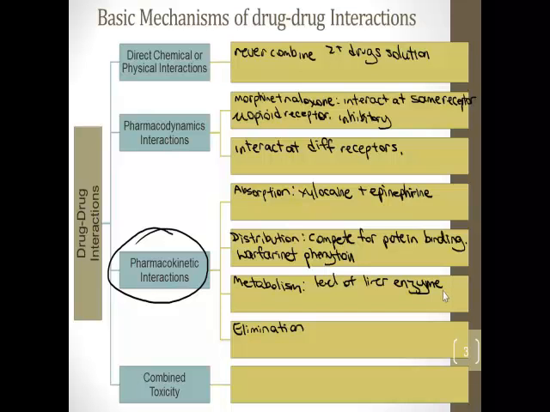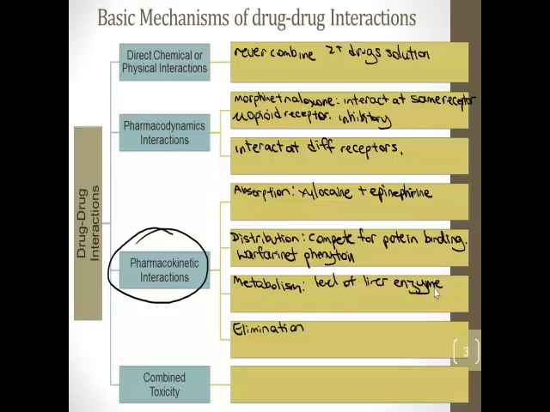So if drug A increases the level of liver enzymes, and that person is taking drug B, drug B can be metabolized a lot quicker because the level of liver enzymes increased. And if drug B is metabolized more quickly, then you have less active drug B, right? So that affects how much drug B is effective.